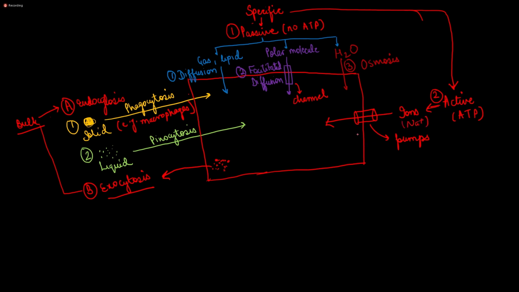Okay. So we saw what is the role of the plasma membrane. Now, one more important thing is that the plasma membrane is called semi-permeable. So why is it known as semi-permeable? Because you can see that this plasma membrane is selectively allowing certain molecules to pass through it, right?